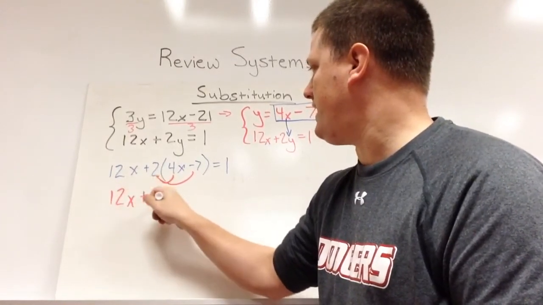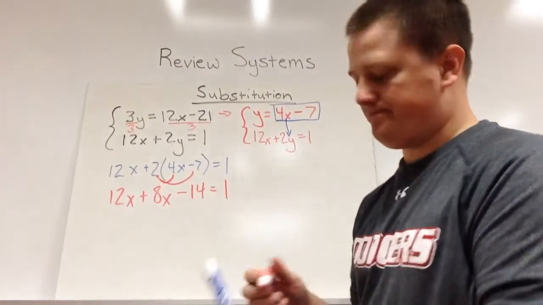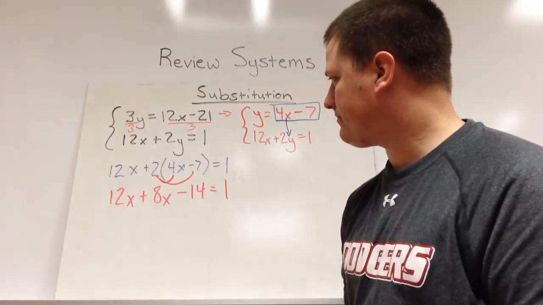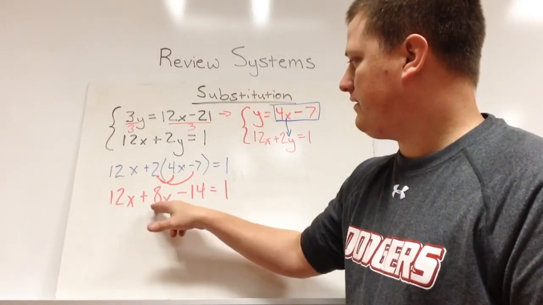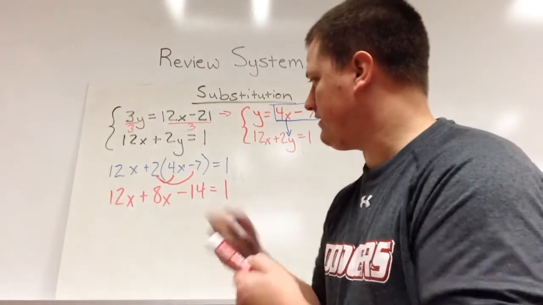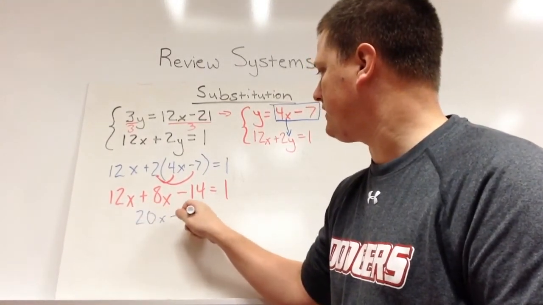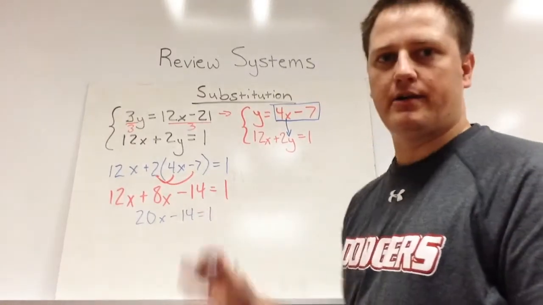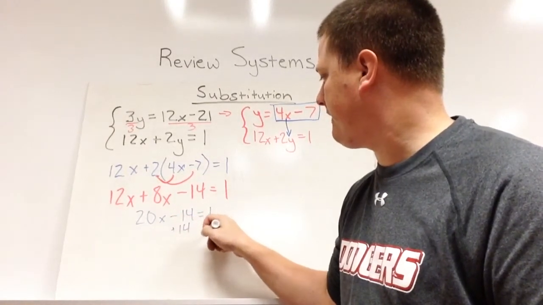12x plus 8x minus 14 equals 1. Okay? 12x and 8x are going to give us 20x minus 14 equals 1. Now it's just basic algebra here. Add 14 on both sides.